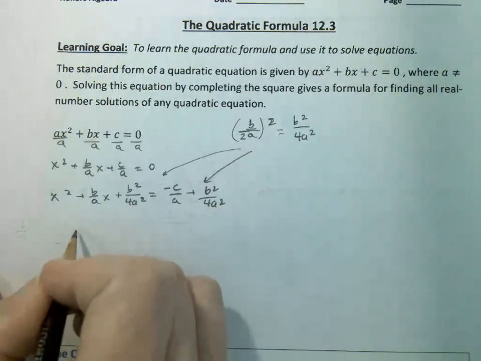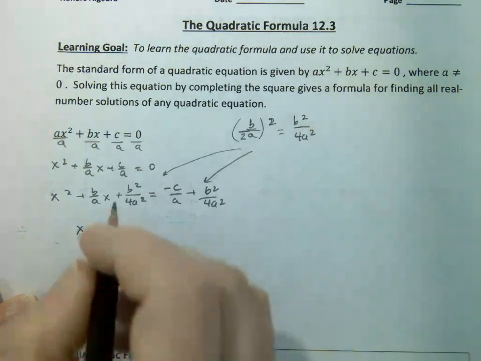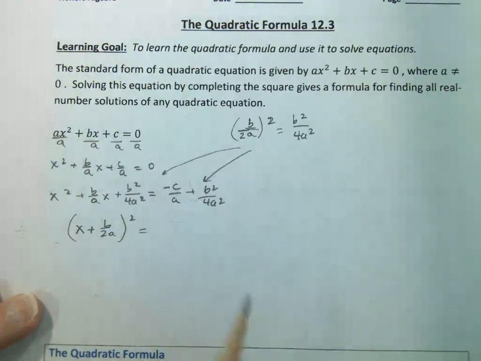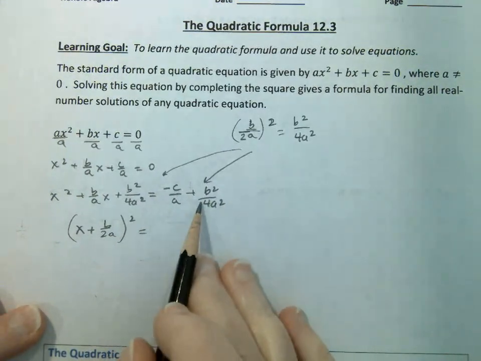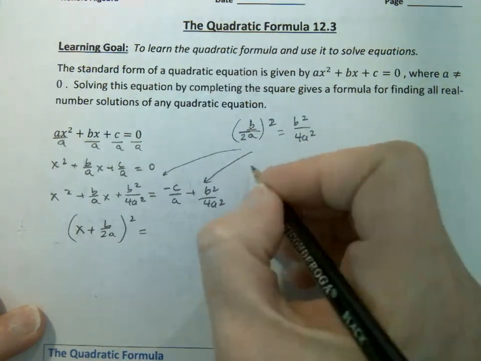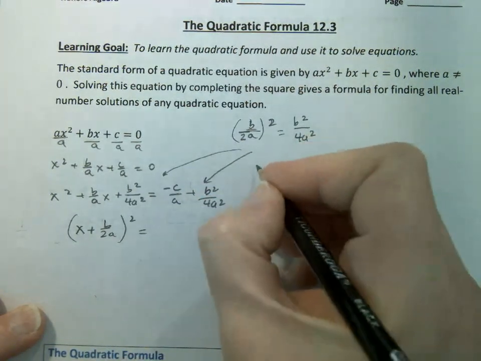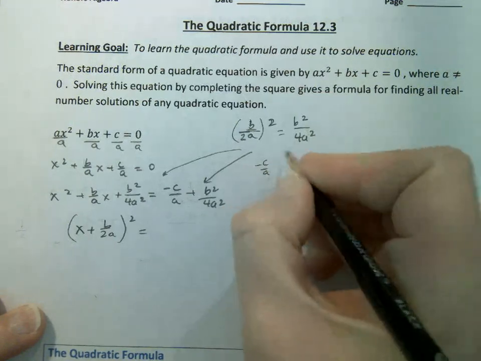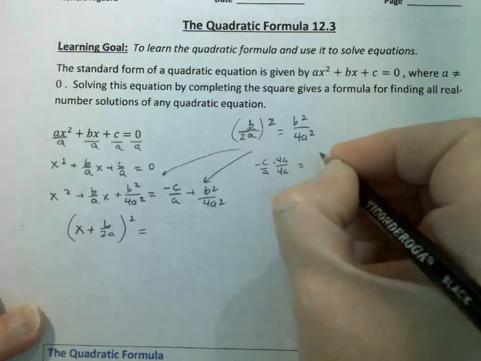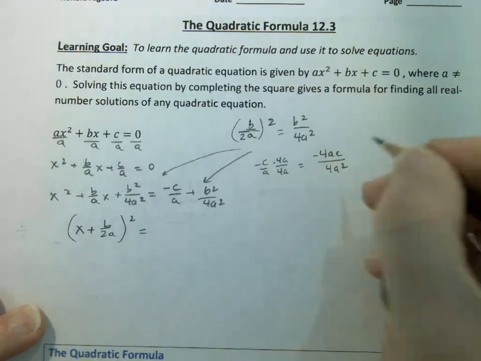This side then factors: x plus whatever I had before I squared it, which was b over 2a, the whole thing squared. So that was the easy side. This side now, I need to add these two together. What I'm going to do is change this. The common denominator is going to be 4a squared. So I have negative c over a, and I'm going to multiply that by 4a over 4a, which is going to give me negative 4ac all over 4a squared.